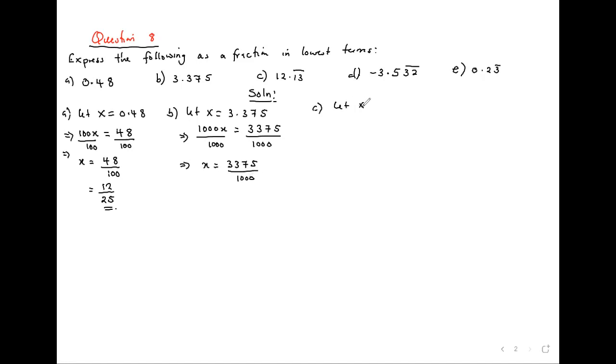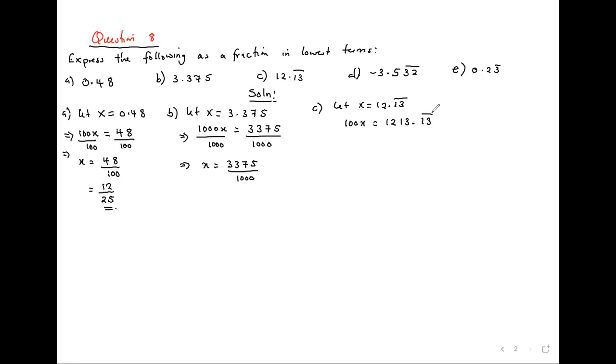We let x be 12.13 bar. We multiply first by 100 so that we can move the numbers under the bar one step to the left. So we have 100x is equal to 1213.13 bar.